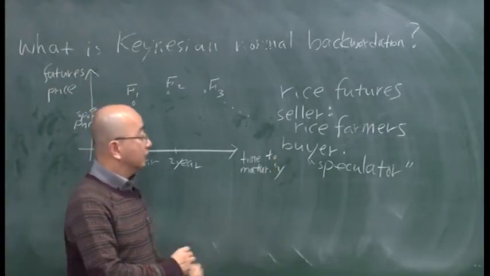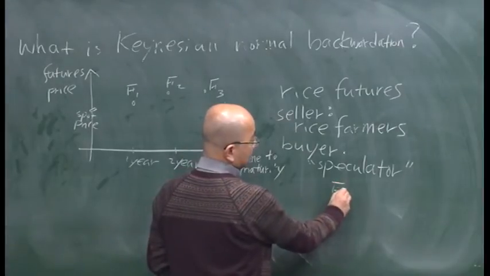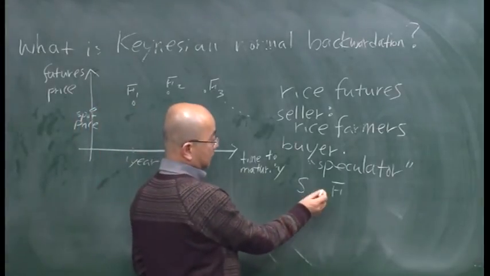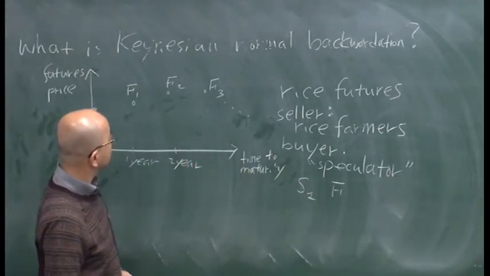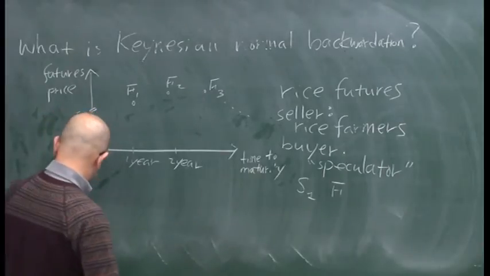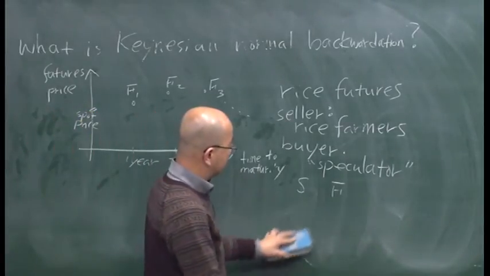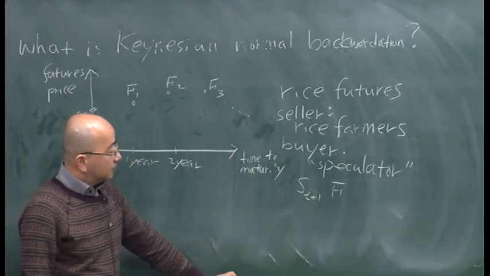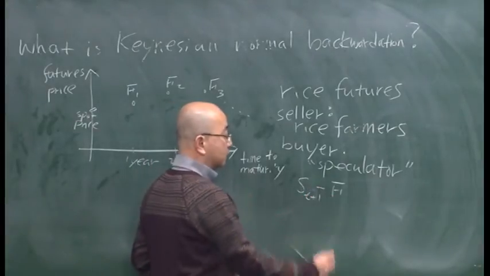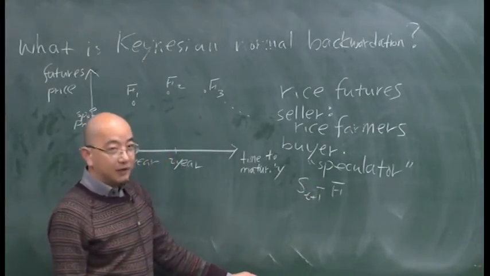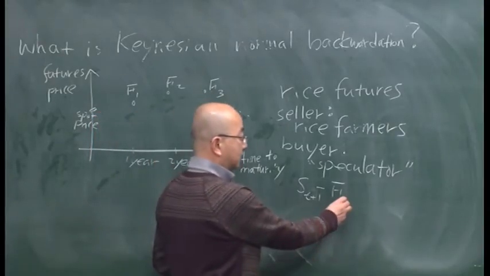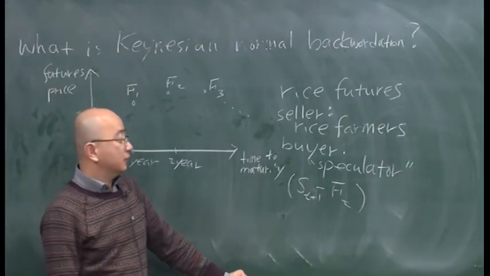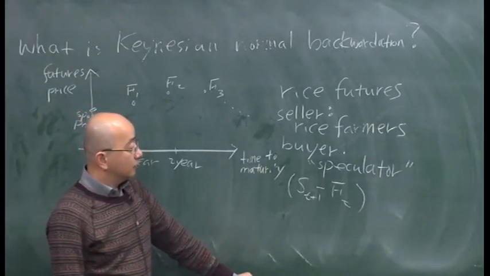The profit to the buyer of the futures contract: if the spot price at some future date, let's say at t plus 1, turns out to be higher than the futures price now, and this number is positive, this will be the profit to the speculator.